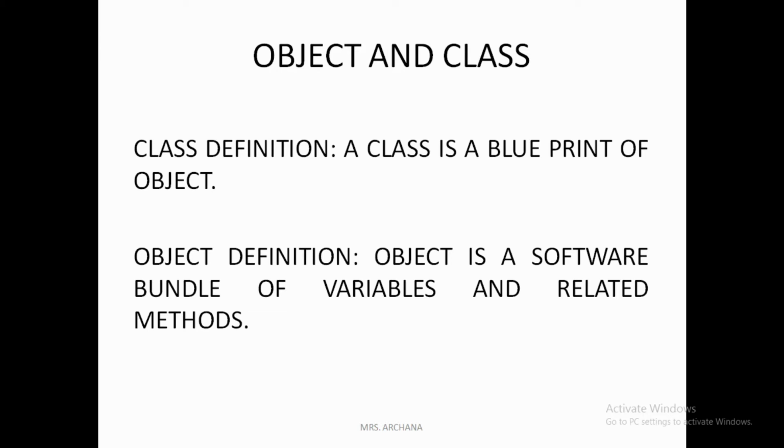In analogy, class and object are related like the drawing of a building on paper and the actual building. The drawing can be thought of as the class and the physical building can be thought of as the object.